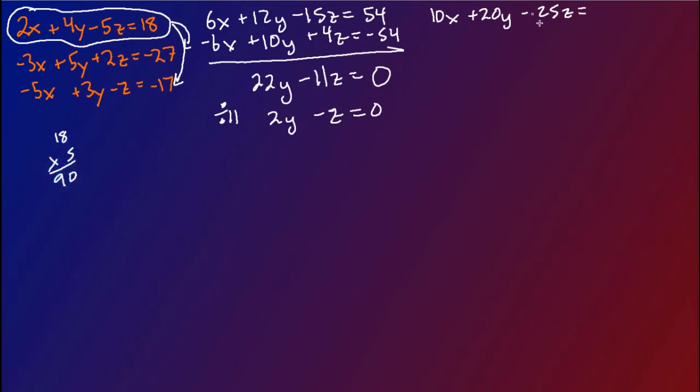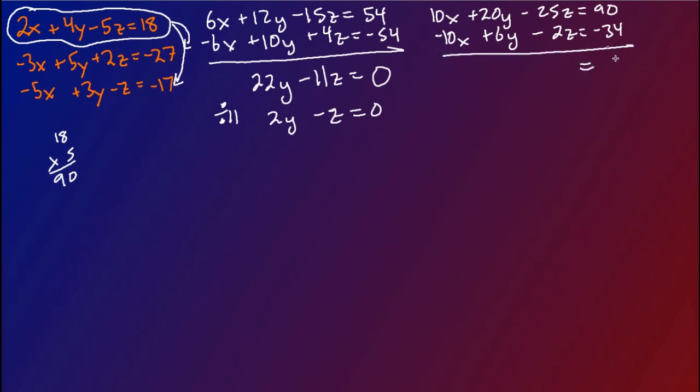And that's going to give me 90. And then this equation by 2, so negative 10x plus 6y minus 2z equals negative 34. And now I'll go ahead and add down.